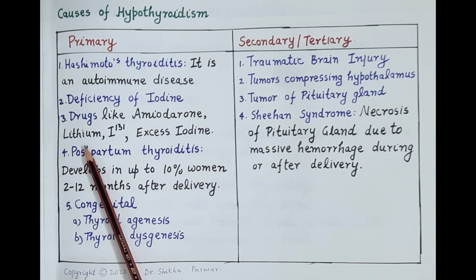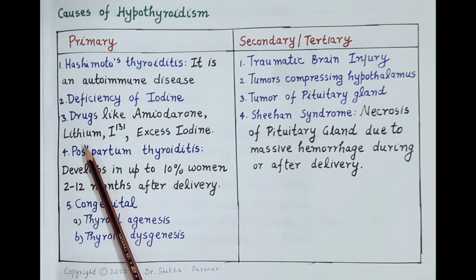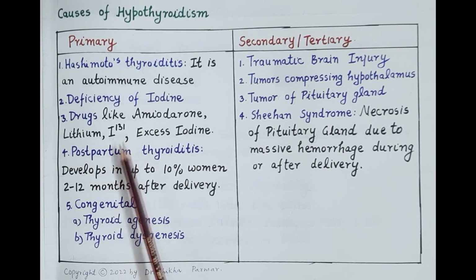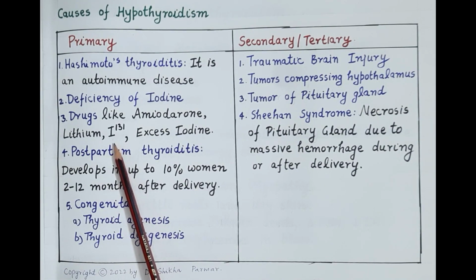Then drugs like lithium. Lithium inhibits the release of T3 and T4 in the blood. Then radioactive iodine. Radioactive iodine, iodine 131, destroys the thyroid gland, and it can even cause permanent hypothyroidism.